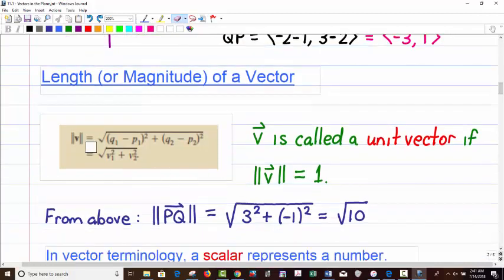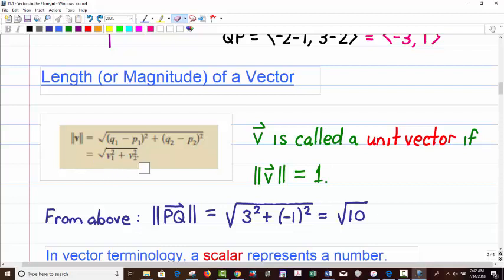So if it's in PQ form, as in two points, you would take the square root of (Q1 minus P1) squared, which is the x component, plus (Q2 minus P2) squared, which is the y component. Or if it's already in component form with v1 and v2, you just take the square root of v1 squared plus v2 squared.